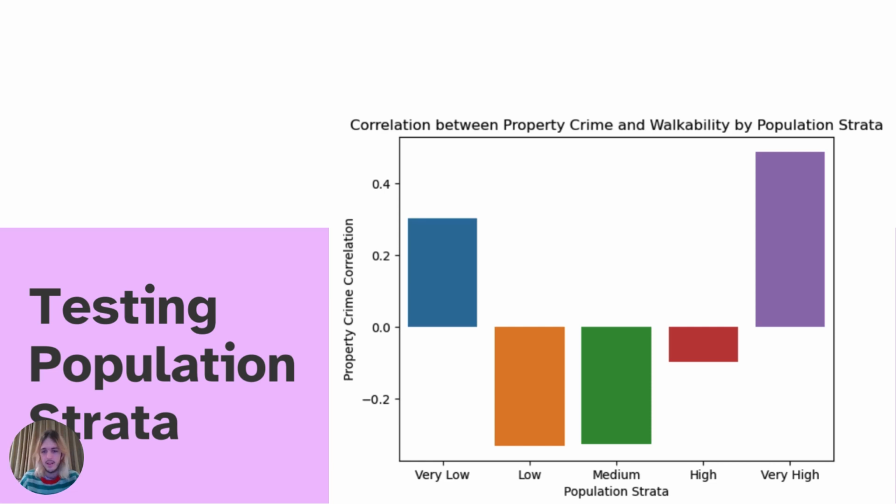That actually indicates that for cities of very high population, that is cities over, I believe, around 5 million in population, the property crime actually increases for cities that are more walkable.